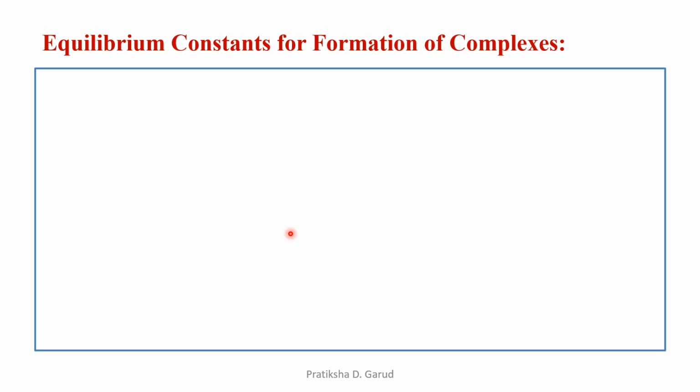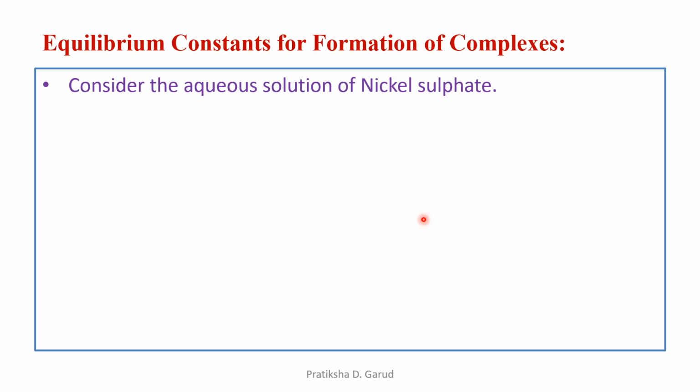Let's move to the next term, the equilibrium constants for the formation of complexes. Consider the aqueous solution of nickel sulfate. How is this obtained? We know that most complex formation occurs in an aqueous solution.